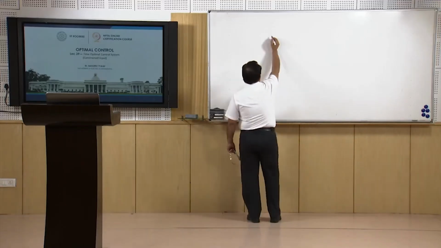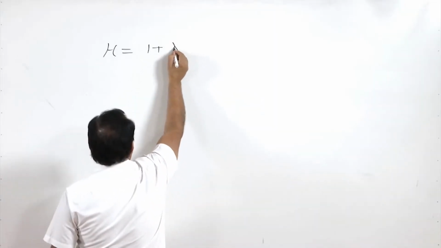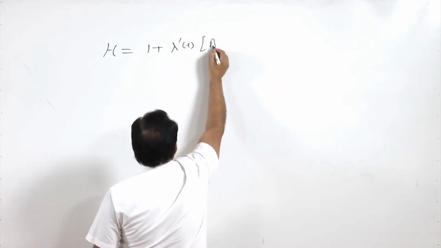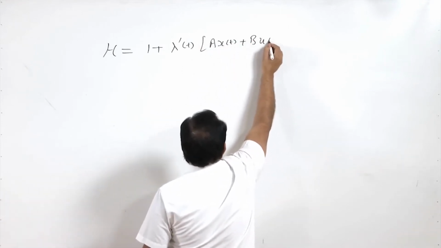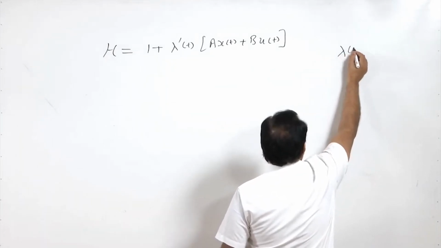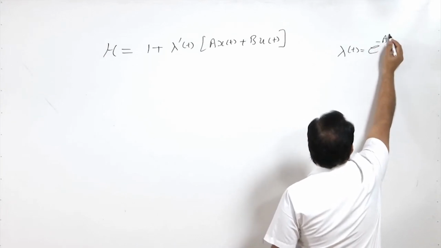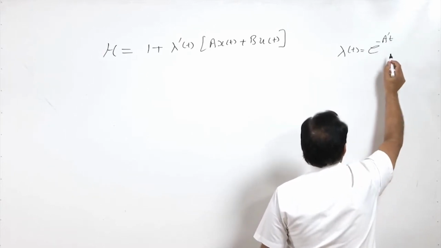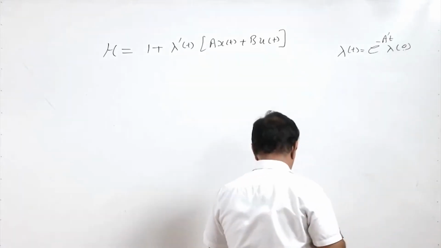If you see what I am getting, my H is 1 plus lambda transpose t A x t plus B u t, and my lambda t was e to the power minus A transpose t lambda 0.